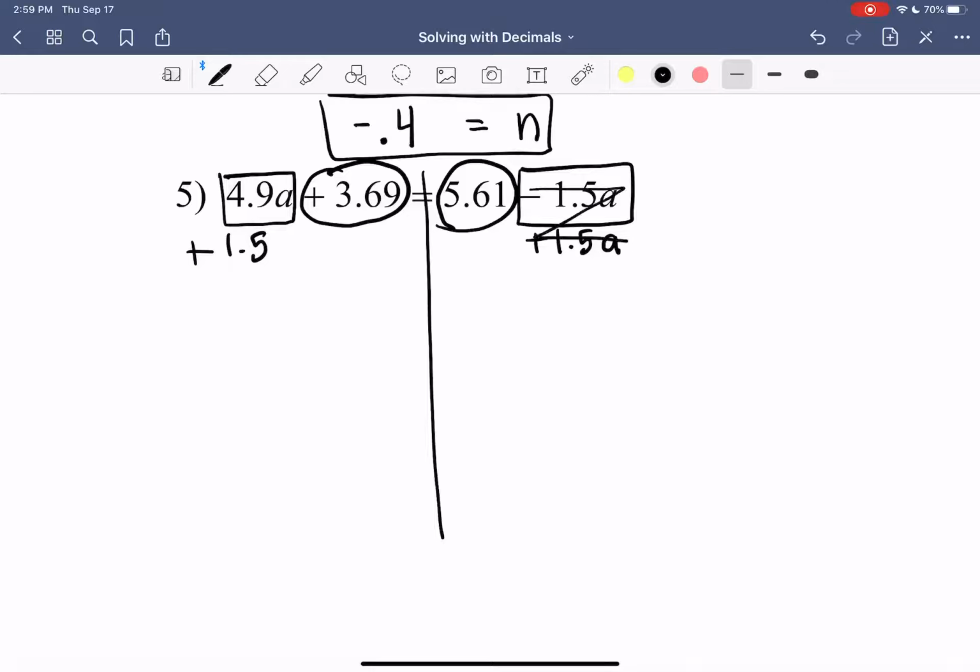This will become our 0, and 4.9 plus 1.5 is going to be 6.4a. Oh, I'm so sorry, I forgot to put my a. So then we're going to carry down what's left. So we have plus 3.69 equals 5.61.